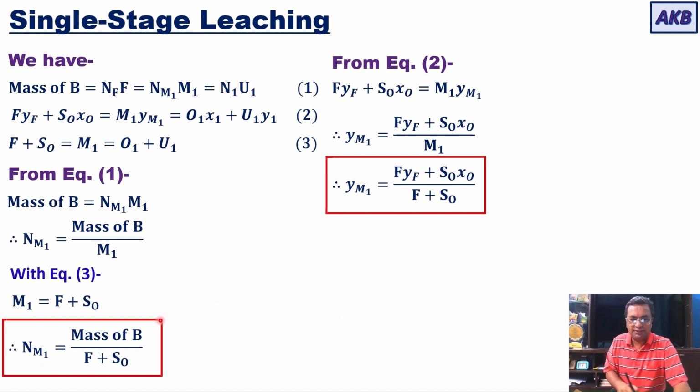So at the end of this discussion, we now have an equation for Nm1 and an equation for Ym1. That is, we are now in a position to calculate Nm1 and Ym1, because this too will be useful in our further analysis.